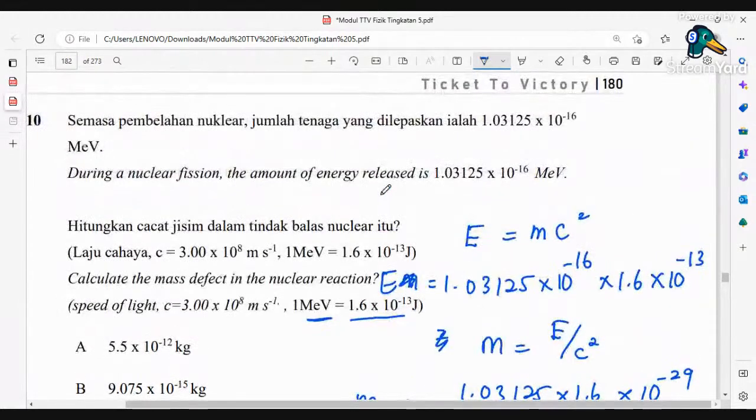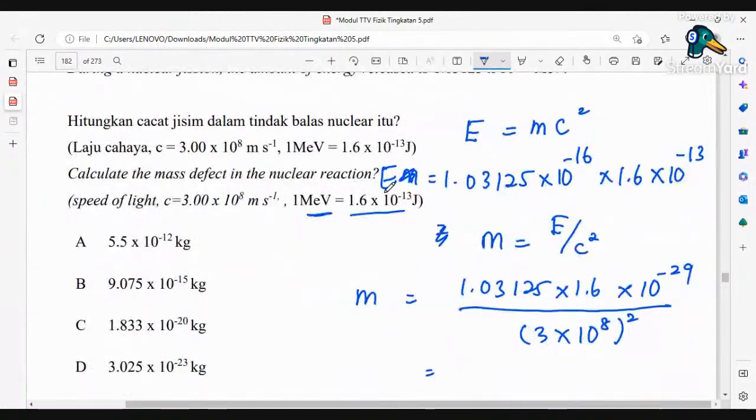Okay, for question number 10, you cannot find the answer. Why?